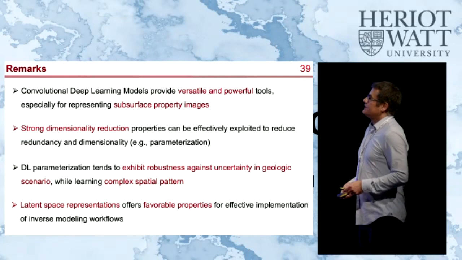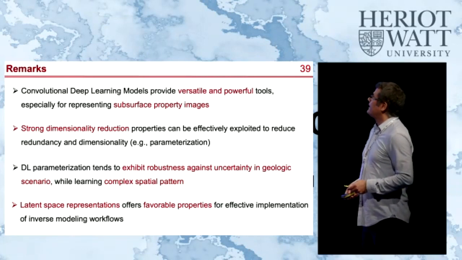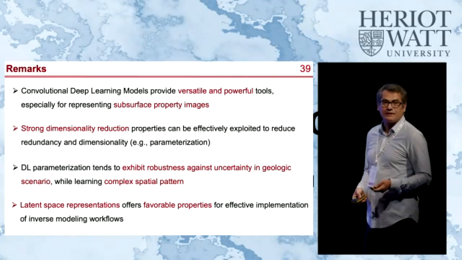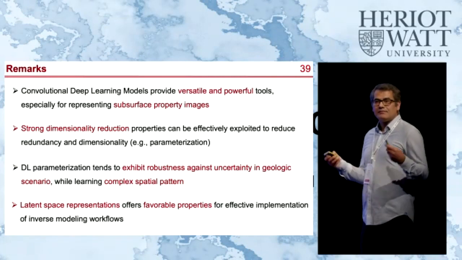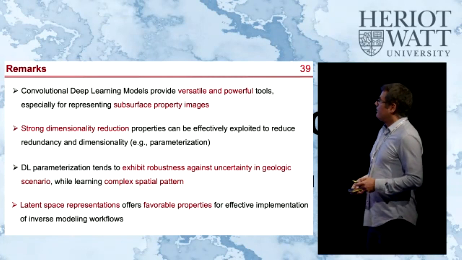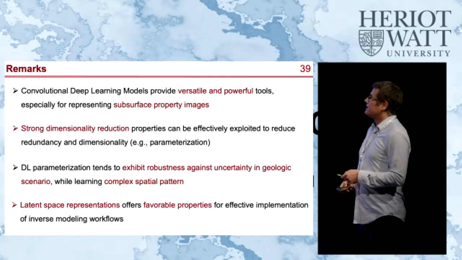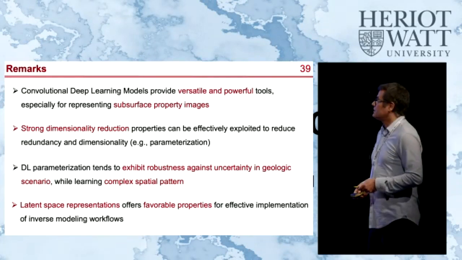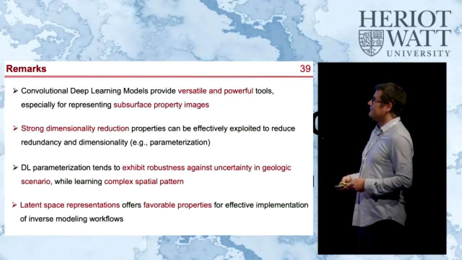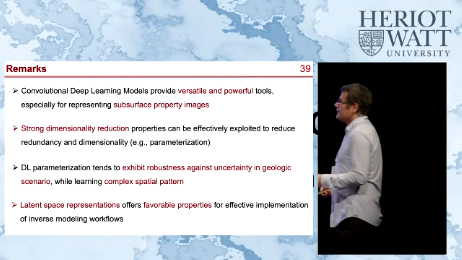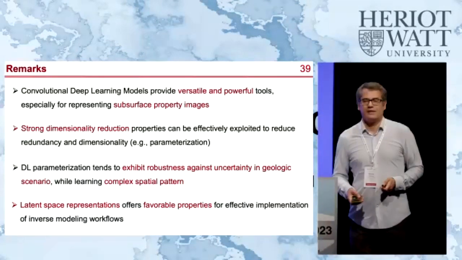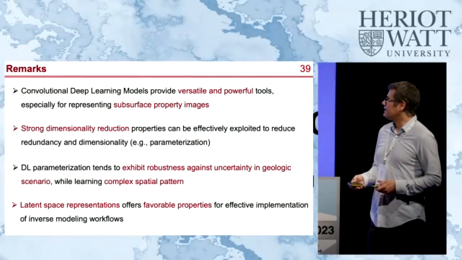They have strong dimensionality reduction properties that can be exploited effectively to implement some of these workflows, which really do not need to be done in high-dimensional spaces. And the parameterization, as I mentioned, exhibits robustness against uncertainty in the geological scenarios while actually capturing some of the complex patterns that we have in these systems. And finally, the latent space representations offer very favorable properties that can be exploited in implementing some of these workflows.